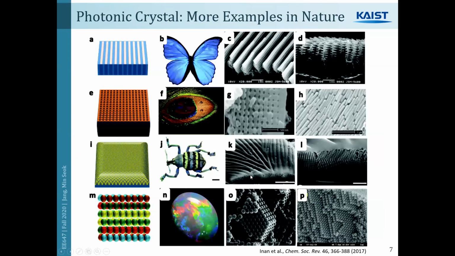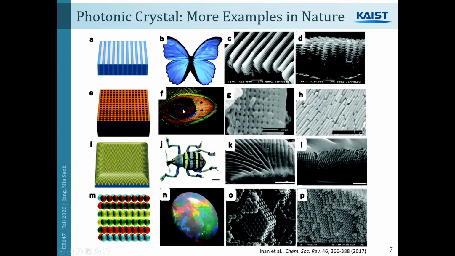Here's another example. There are a bunch of examples of natural photonic crystals. So this 1D photonic crystal is again the Morpho butterfly, and here is how it looks in an SEM, electron micrograph image.